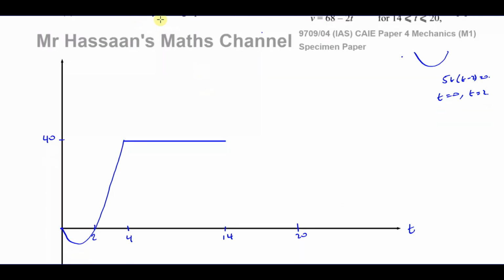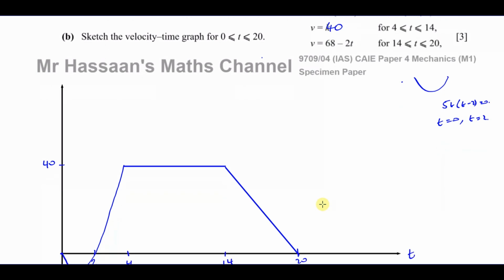It'll have a negative gradient, a straight line going from here down to 0. Okay, hold on, is it going to go down to 0? Let's find out. When t equals 20, v equals 68 minus 2 times 20.